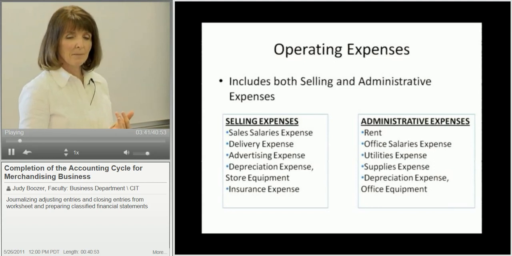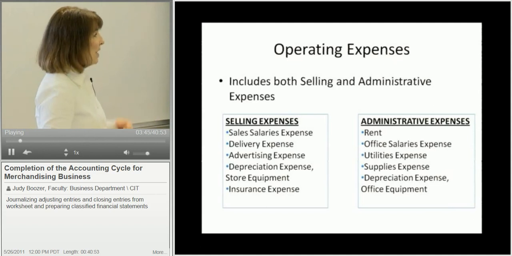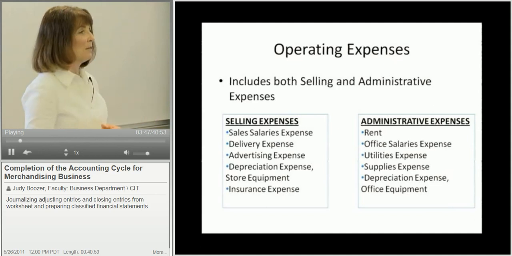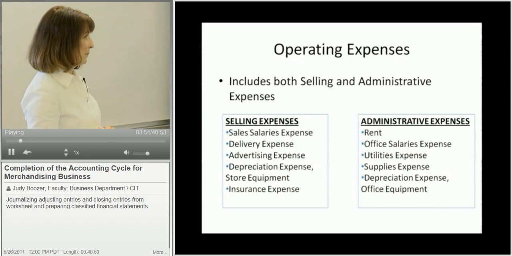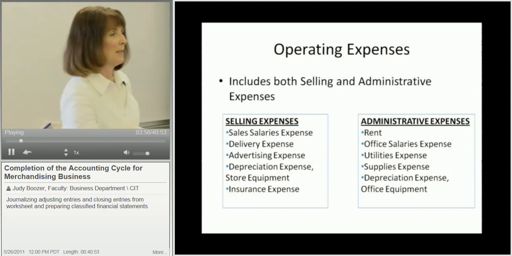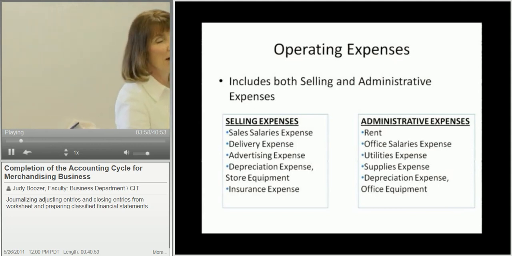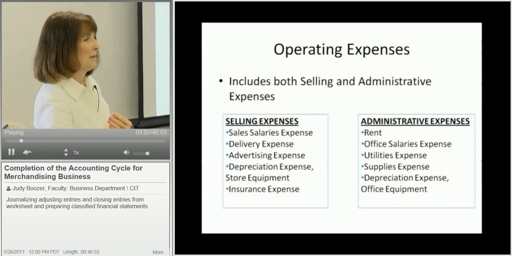Let's see, depreciation expense on the equipment that's in the office, not that's in maybe another part of the business, utilities and things like that. So those are all part of administrative expenses. But again, they all fall under the major caption operating expenses.